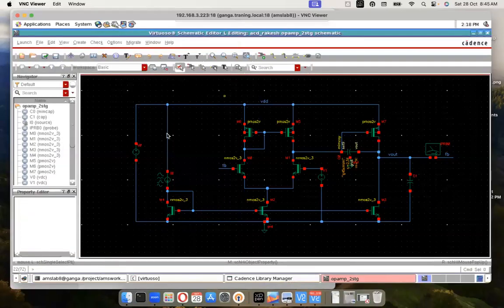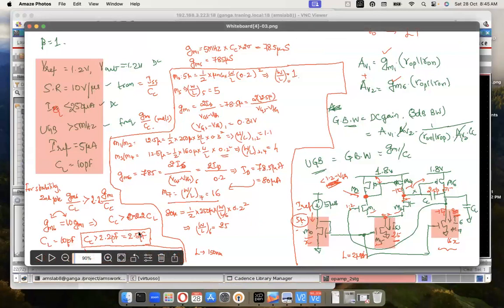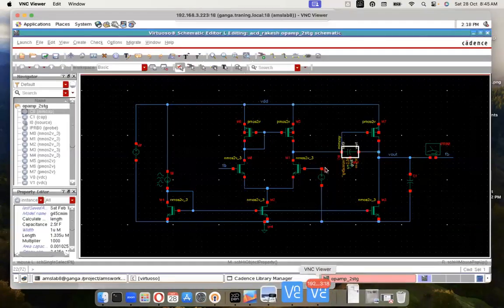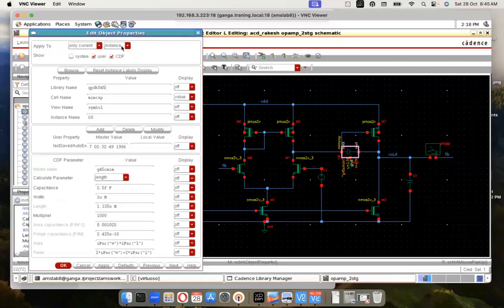Okay. So now we have put all the transistor sizes. Only capacitance is what remains. Our capacitance size is what? We chose 2.5 picofarad. Let's come back and then put it here. Now we have not taken ideal capacitance here. We have taken a capacitance which can also be fabricated.